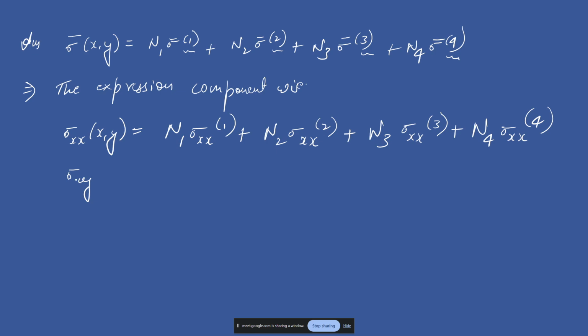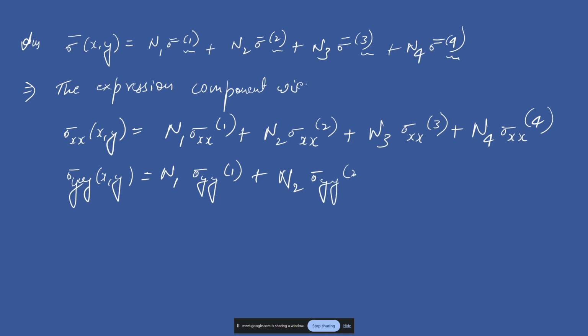Similarly for sigma yy of x comma y, you will get it as N1 sigma yy for node 1 plus N2 sigma yy for shape function 2 plus N3 sigma yy for node 3 plus N4 sigma yy for node 4.